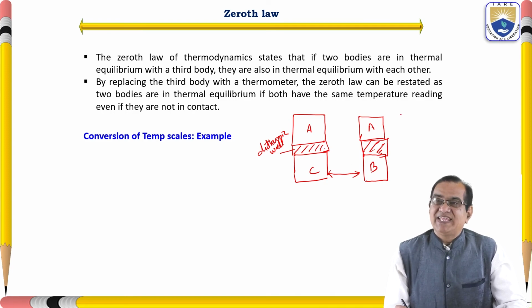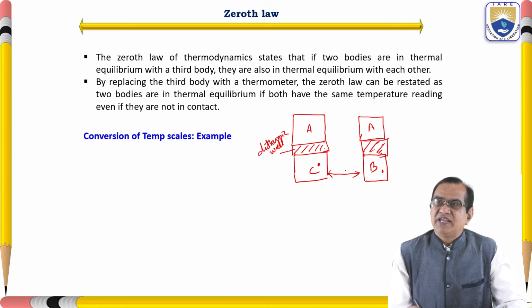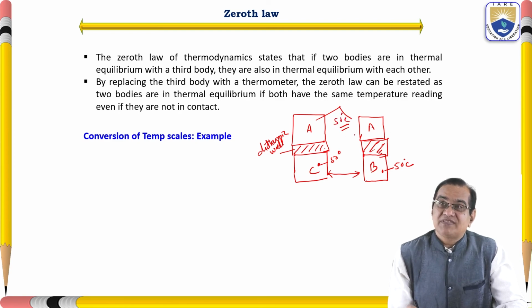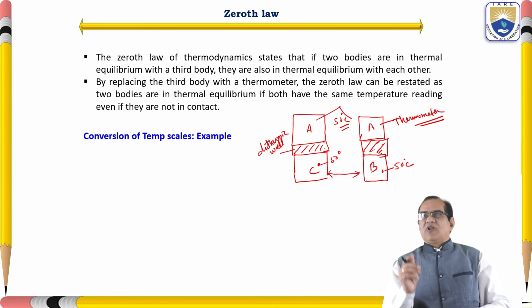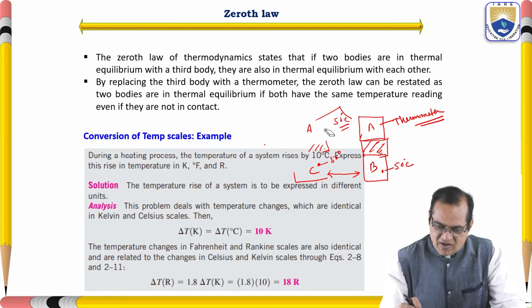If you take a thermometer and put it here, and this is giving 50 degrees centigrade and this is giving 50 degrees centigrade, you will say that this is also at 50 degrees centigrade. So this is the basic principle of the thermometer. Different scales are used for these thermometric operations.